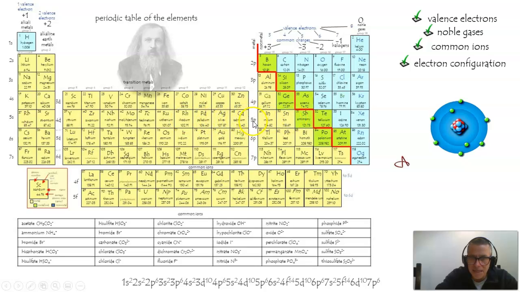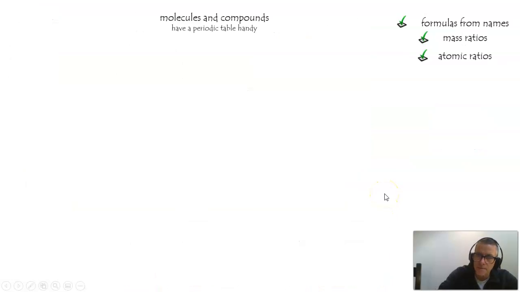These little things here help you a lot. 6s2, but we're at 56, so we have to go to 57. So after 6s2 comes 4f14, back up to 5d, 5d10, 6p6. All I'm doing is going from 1 to 118. 7s2, 5f14, 6d10, 7p6. This is the electron configuration of oganesson.